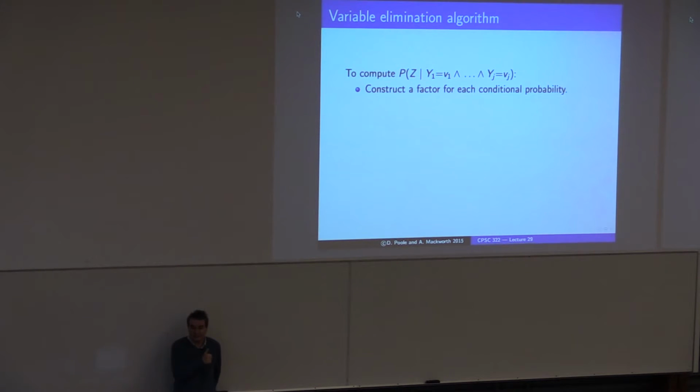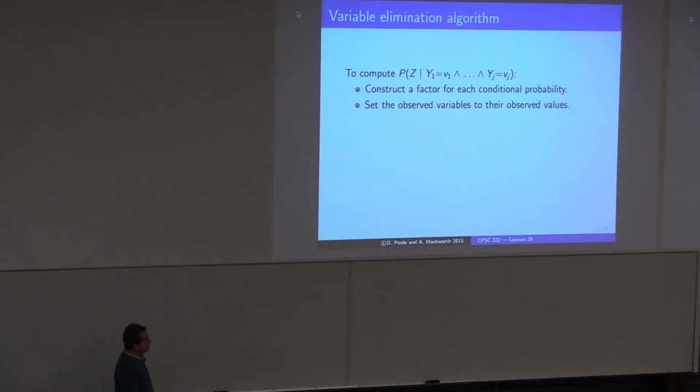We constructed a factor for each conditional probability table. We set the observed variables to their observed values: for any factor containing an observed variable, we selected the tuples consistent with the observations, or equivalently, made the other ones 0.